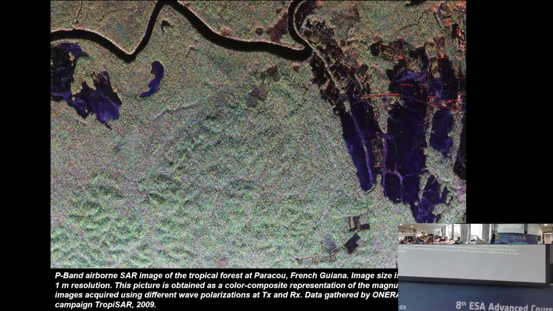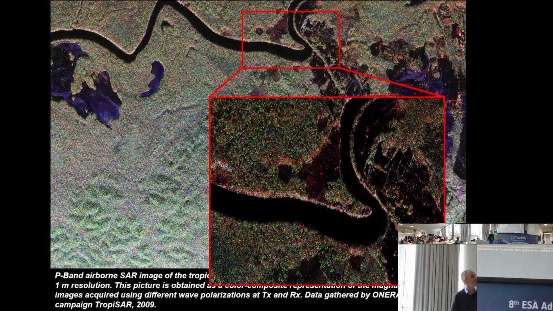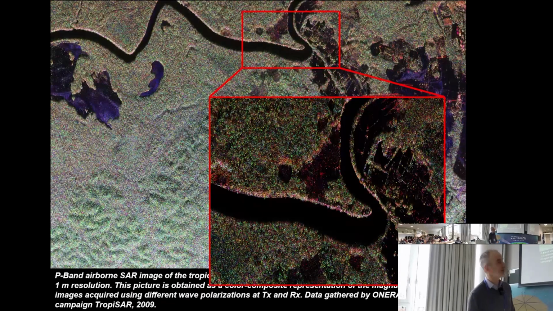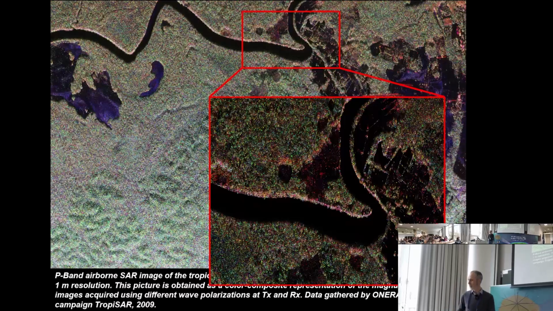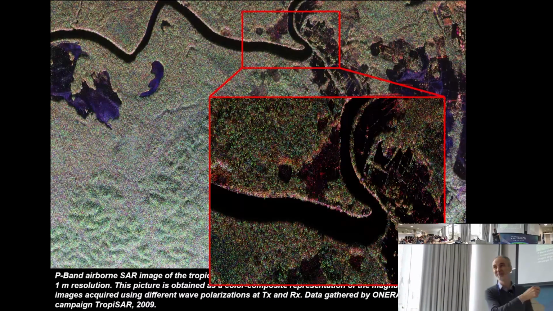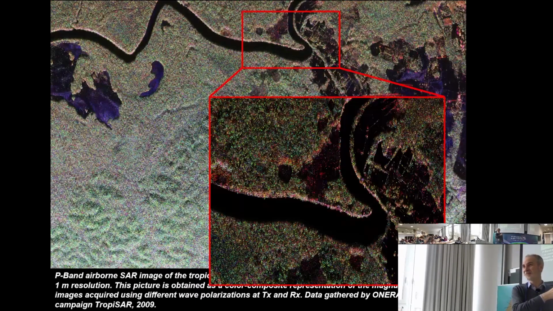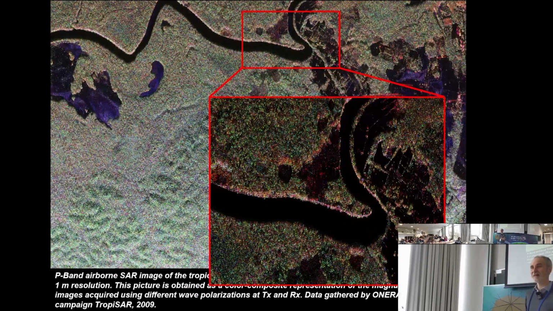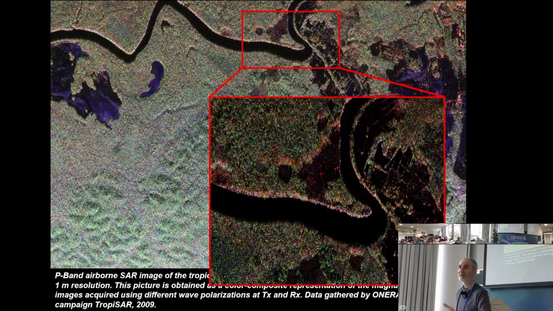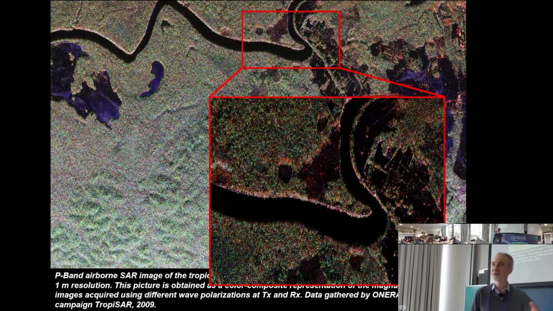Now, what I want to draw your attention to is this. This is a close-up of the forest. I don't know if you see it on the screen, with the beamer. It's pretty clear here. You see that it looks noisy. So this is a forest. If you take a look at an image of the forest from an optical sensor, even if it's not super high resolution, you see a nice green.